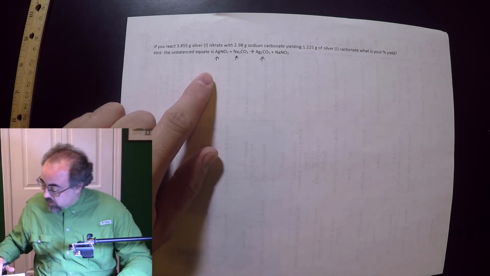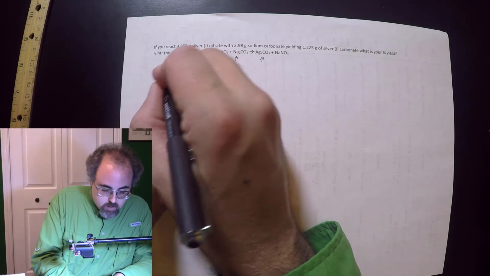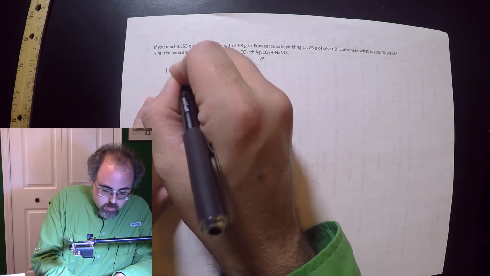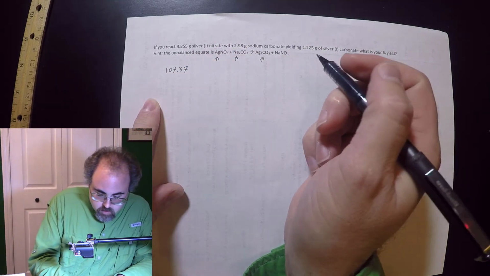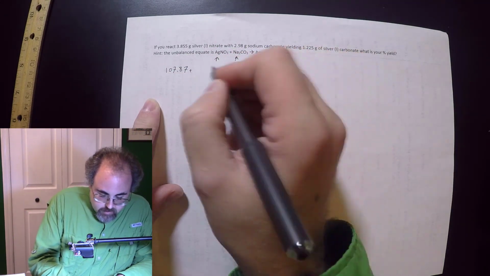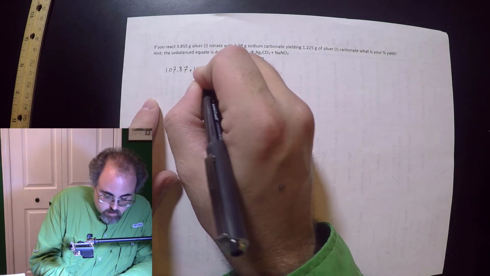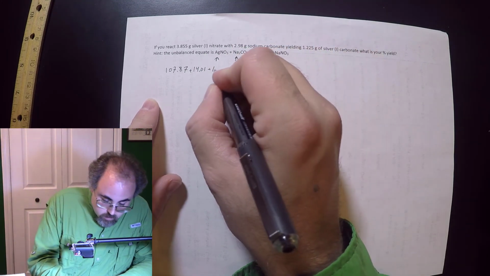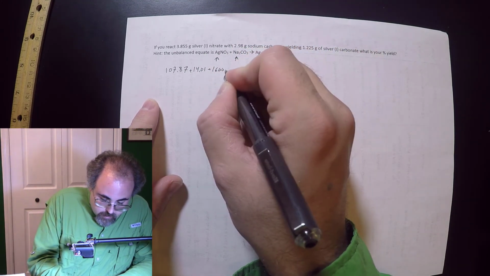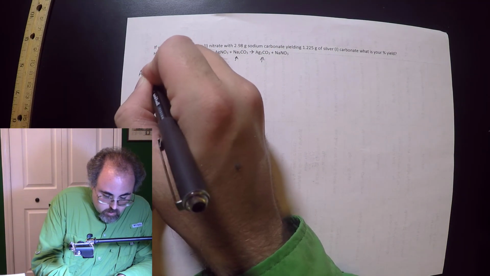Okay, so silver is going to be 107.87, plus nitrogen is going to be 14.01, plus 16.00 for the oxygen, and there's 3 oxygens. So this is going to be the AgNO3.